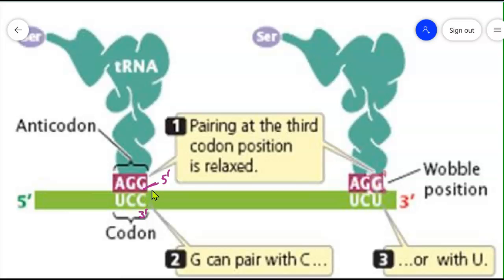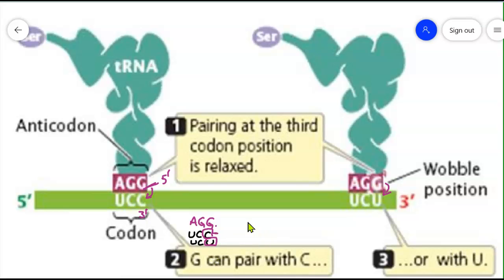It recognizes C, and G can also recognize U. Due to this, the same anticodon can recognize a codon ending with C or a codon ending with U. Did you understand? It can recognize codon ending with C or codon ending with U.